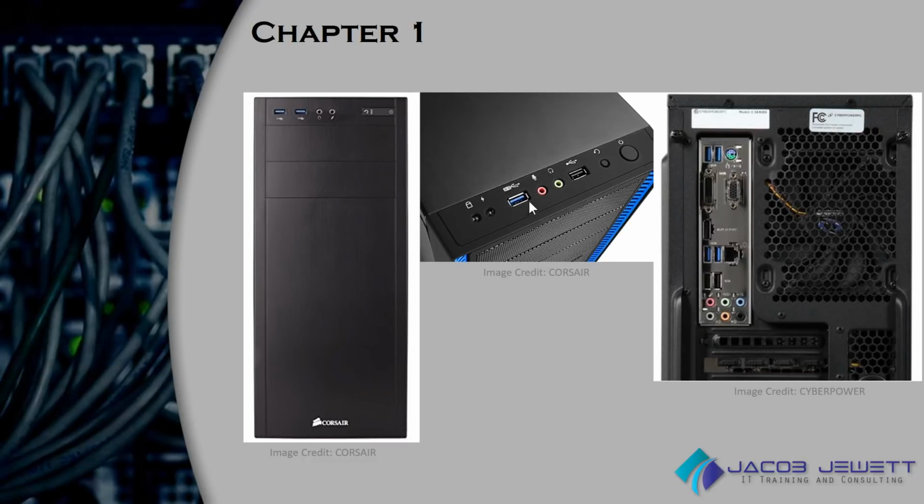Anything below a version 3 USB port would be considered either a version 2 or version 1 USB port or standard. And you can identify those typically by a black color on the plastic part of the connector. You'll see that here, and you'll also see that here on these USB ports.